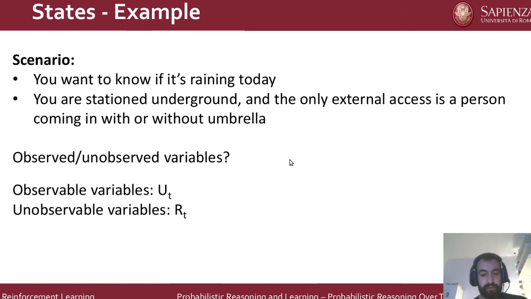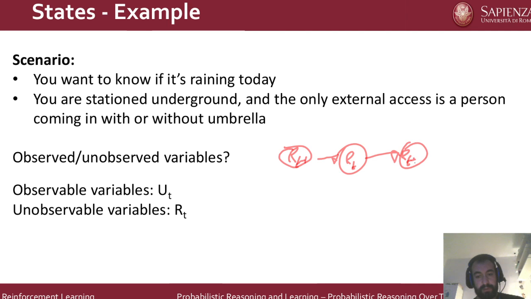And of course, you can imagine that there is a mapping between states that depend on each other. So this is our transition function, r_{t-1}, r_t, r_{t+1}, and this continues over time.